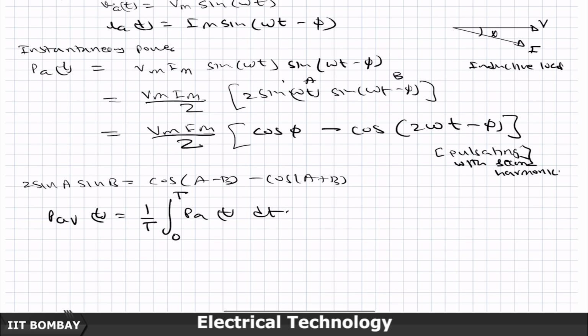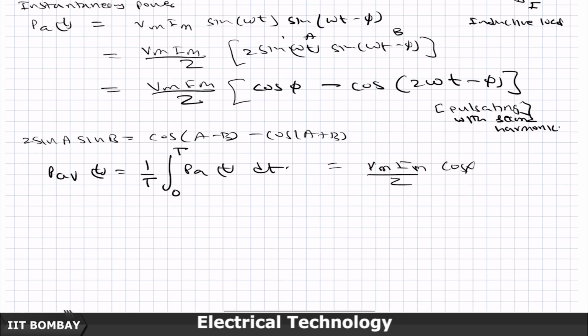So, therefore, the average value is just going to be equal to this particular value, and so we derived last time that this is Vm Im cos phi by 2, which I wrote as Vm by root 2, and I said that this is the RMS value which I will connect in the next class.